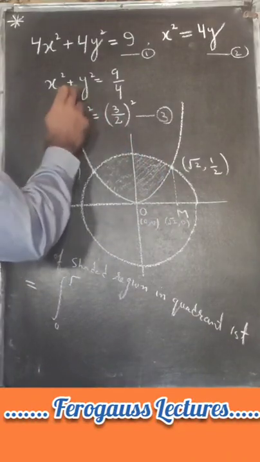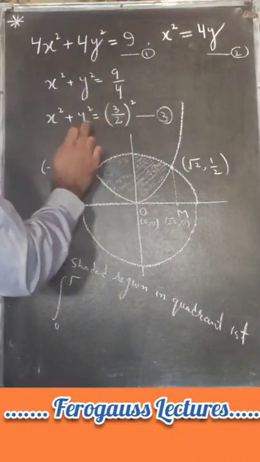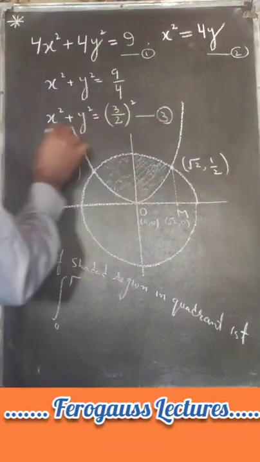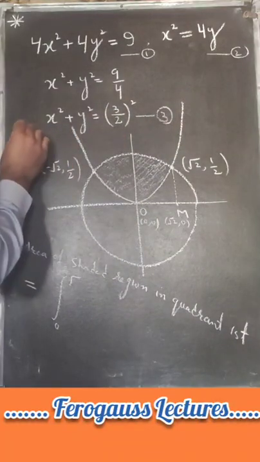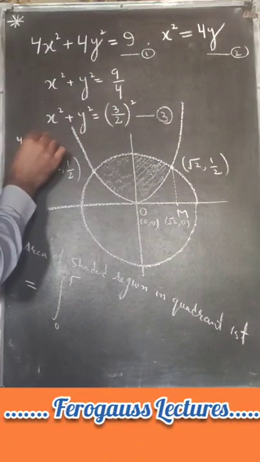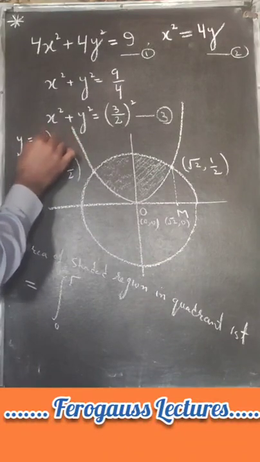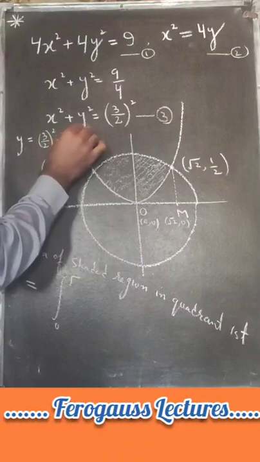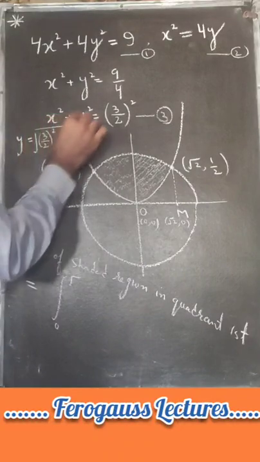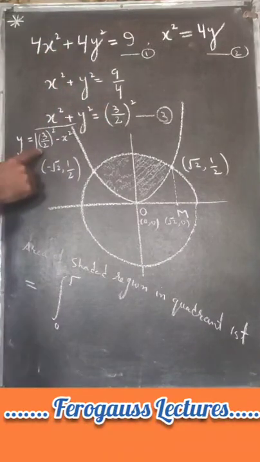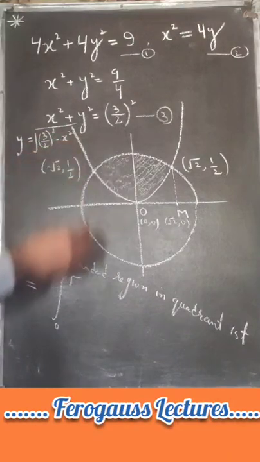So from this equation, we can write y is equal to square root of (3/2)² minus x².